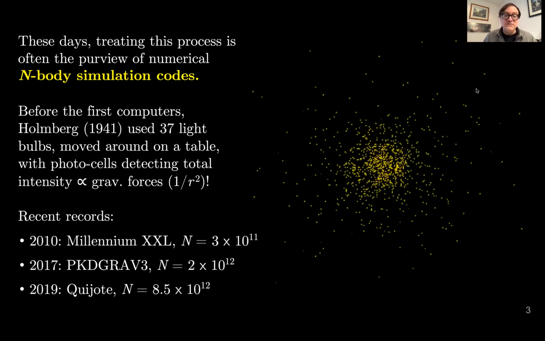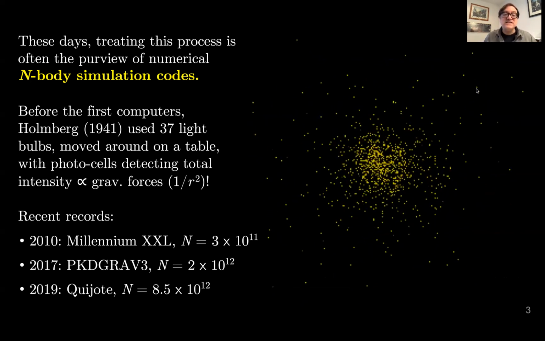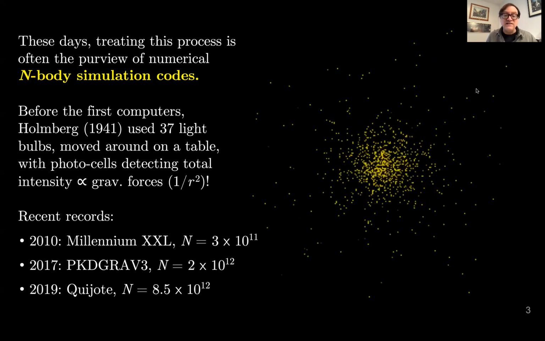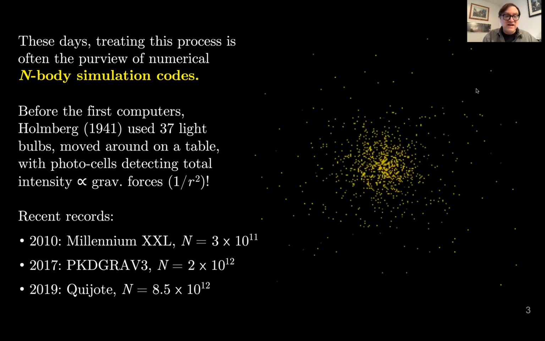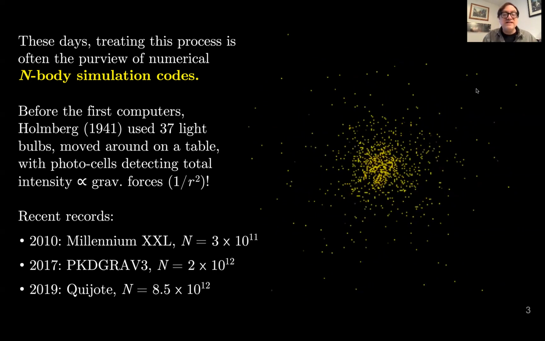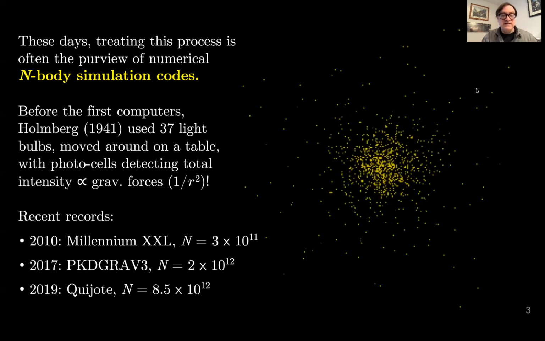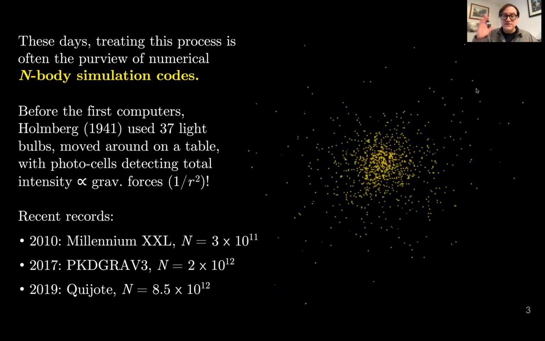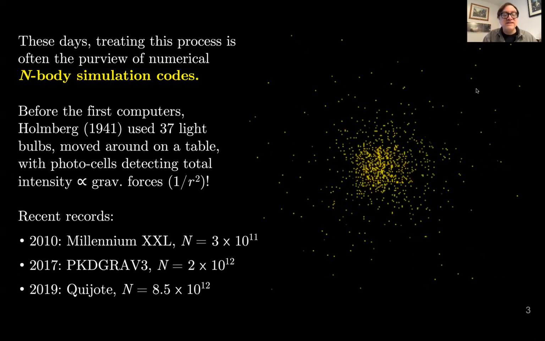So they were able to learn some actual physics about large number body systems from this analog simulation. I'll put the link to this paper in the description, and also a link to the state-of-the-art Quijote simulation as well, so you can bracket the two ends of the history.